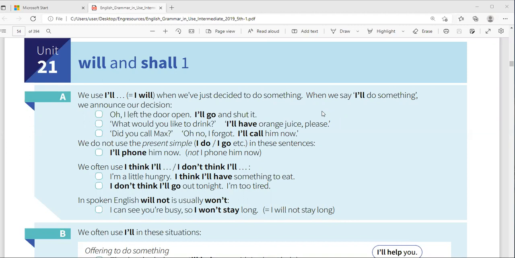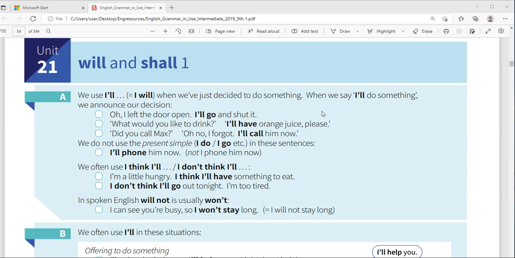So today, we're going to look at another way of talking about the future. It is very common indeed, the use of will and shall. But the use of will and shall is not like the present continuous or going to. Remember, in present continuous, those things are decided before. Those are things that are already planned, arranged.